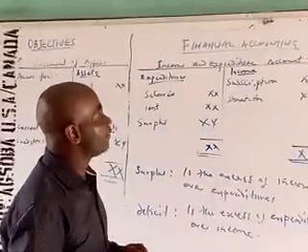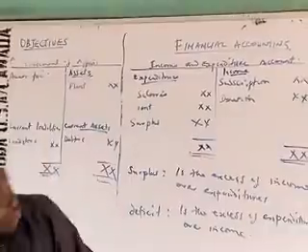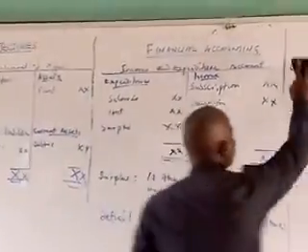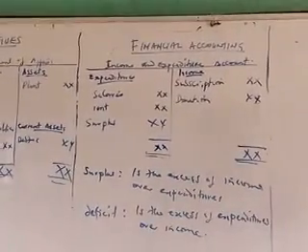Then at the end of the day, the final account that we use over here is the balance sheet. So I will also give a little note on that before we go to the question of today.